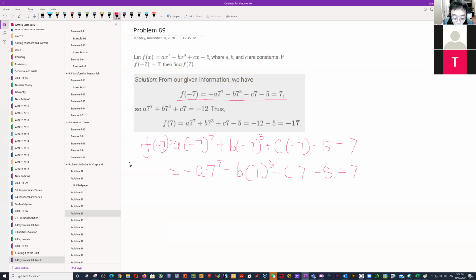So here I have a negative sign, so what I'm going to do is multiply -1 on both sides.